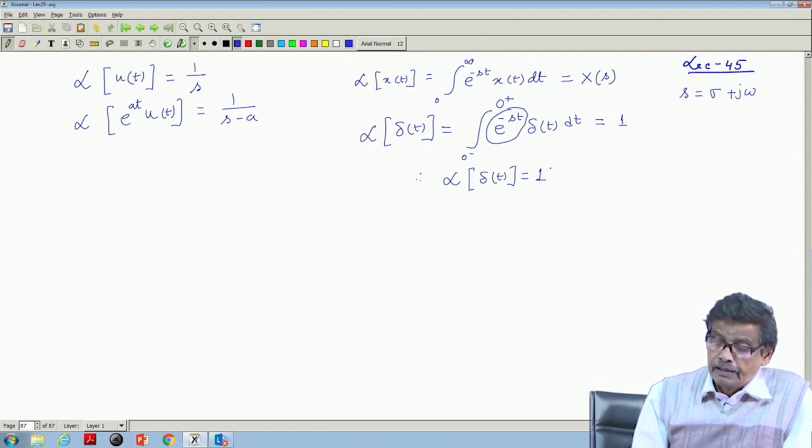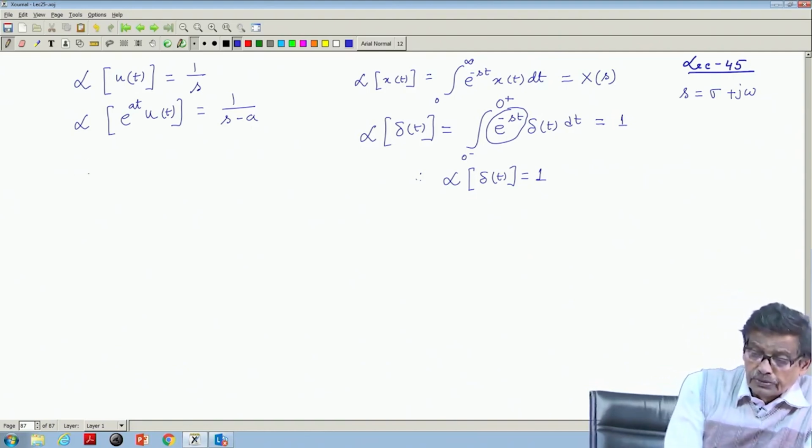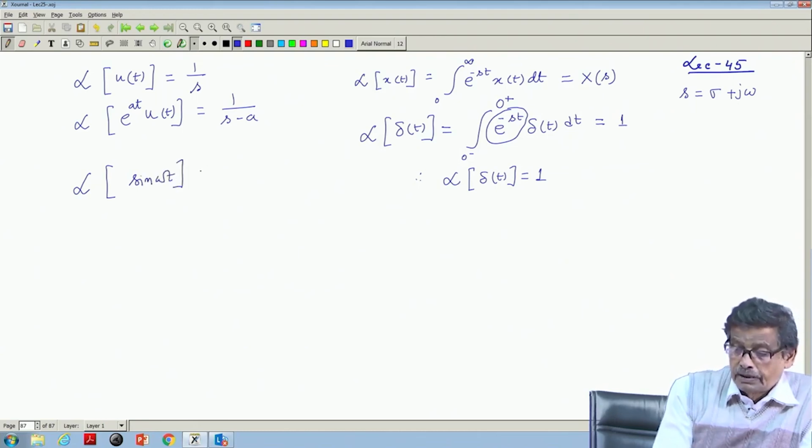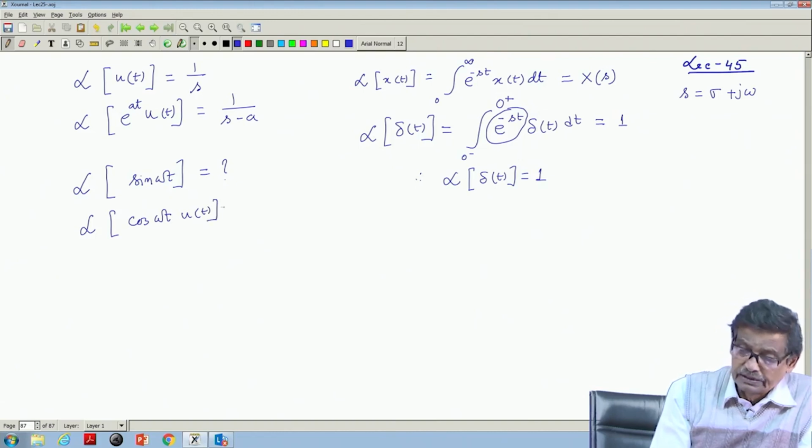Now, today we would like to know the Laplace transform of sin omega t and the Laplace transform of cosine omega t. Of course, sin omega t into u(t), mind you, that is important.